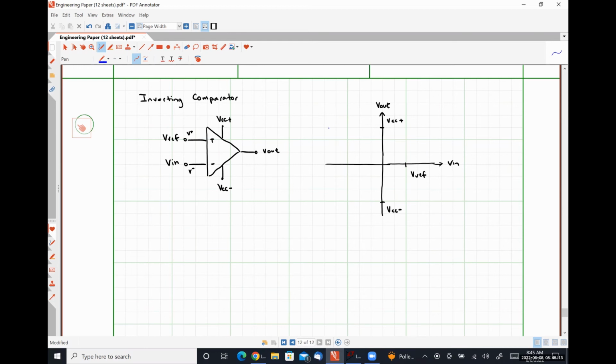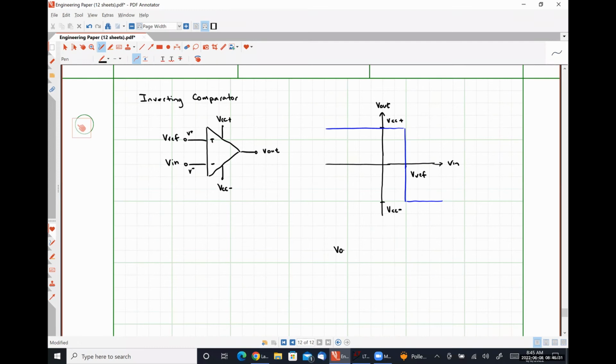So our output should be saturated at VCC plus until we get close to Vref, at which point it will switch and then saturate to VCC minus.